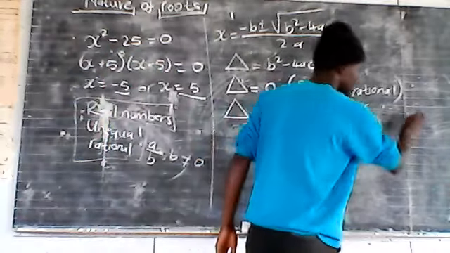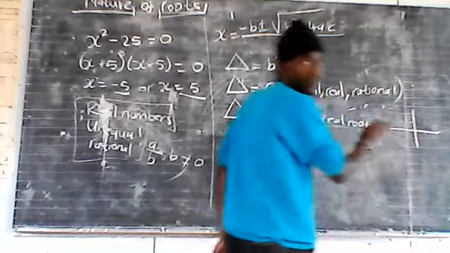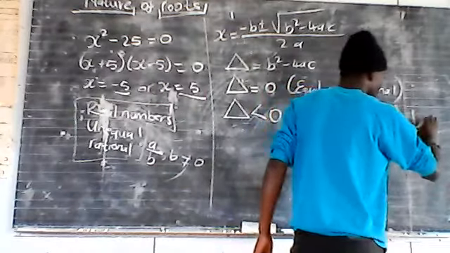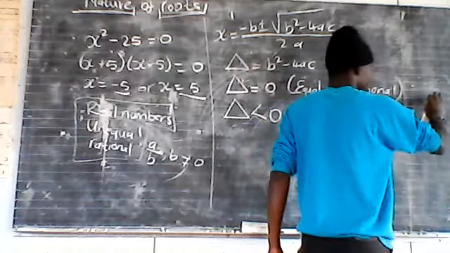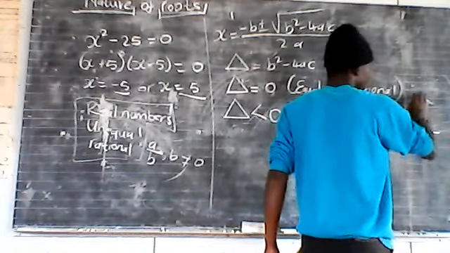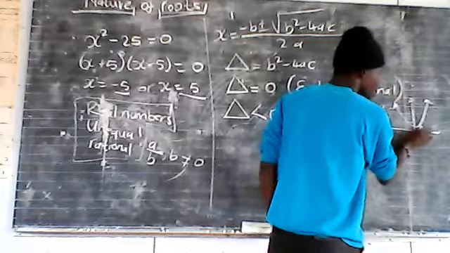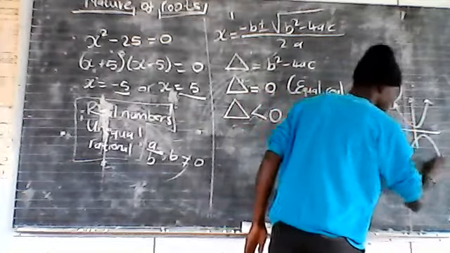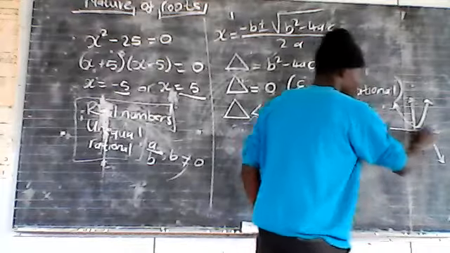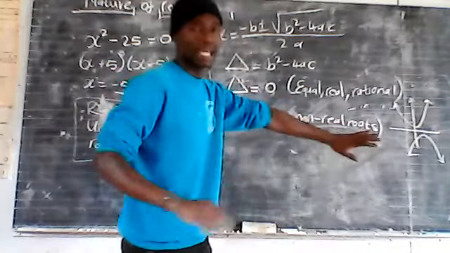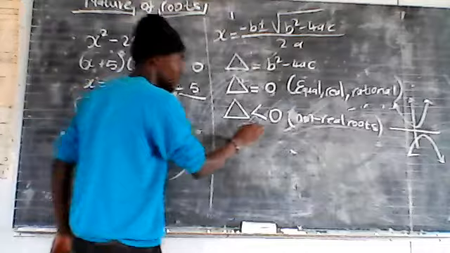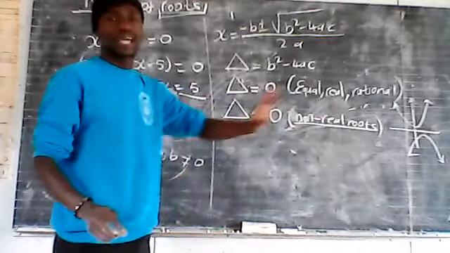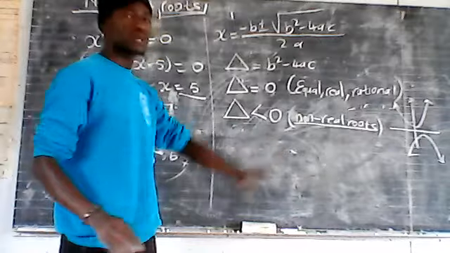It would look something like this if your a was greater than 0. So you'd be having a function with no x-intercept. That is why you say you'll be having non-real roots. There is actually no x-intercept there. I'm hoping you got that.